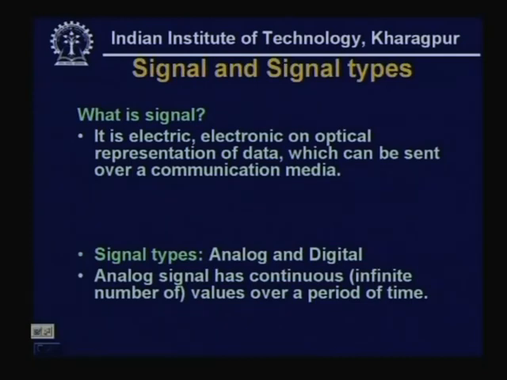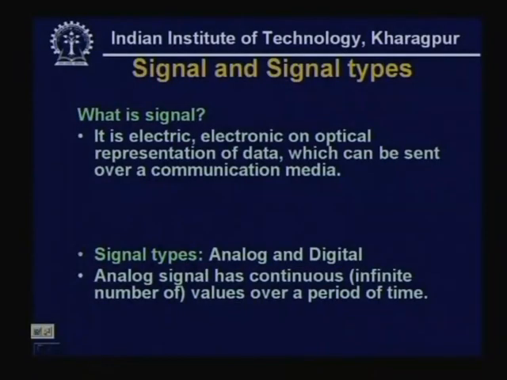That means we are converting it into some form which can be either electric, electronic or optical. It depends on which medium we are trying to send through. When we are trying to send through a pair of wires, it has to be electrical voltage or current. On the other hand, whenever we are trying to send through an optical fiber cable, it has to be converted into an optical signal or light.